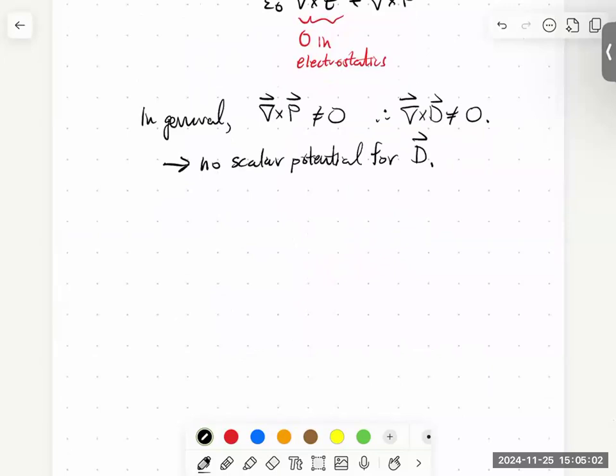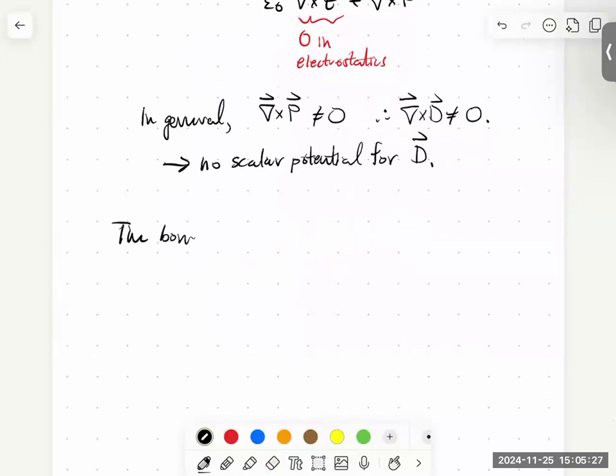Okay, I think what we'll do is we'll write down the boundary conditions for the electric displacement, and then we'll do one more example. Here, let me remind you what the boundary conditions were.